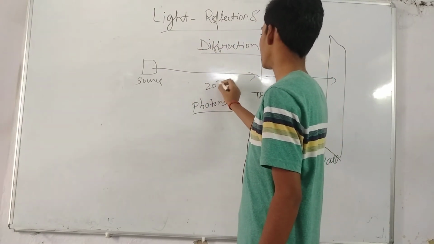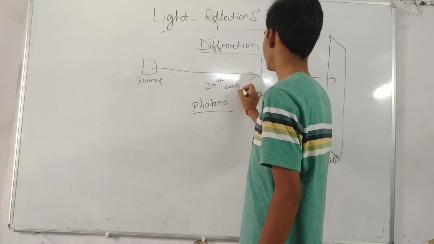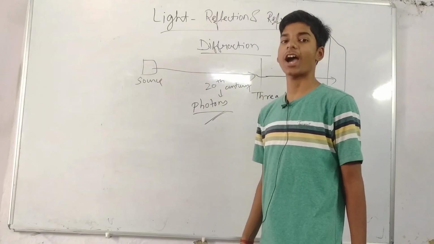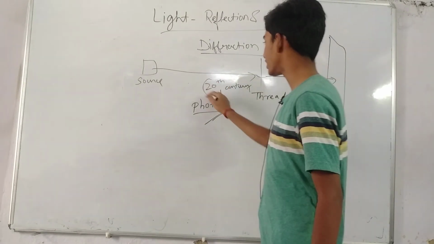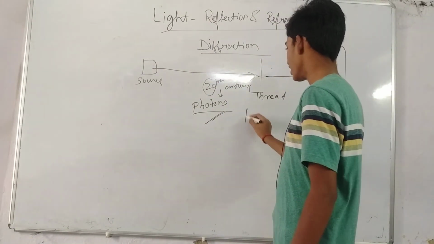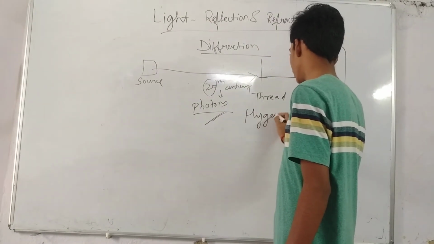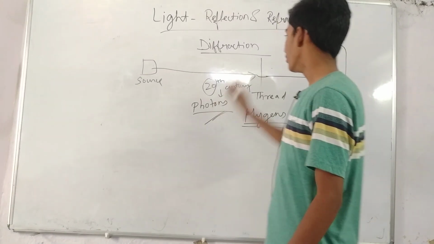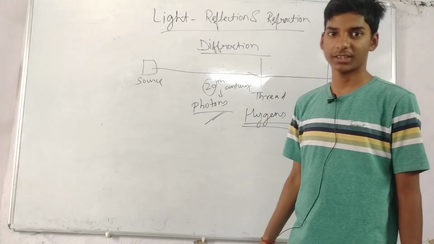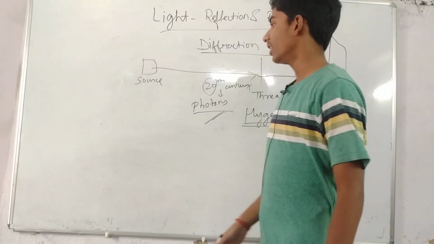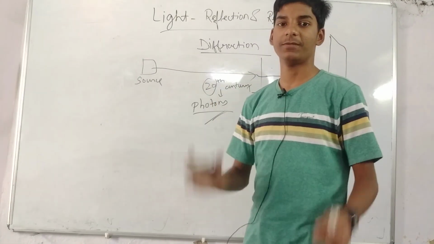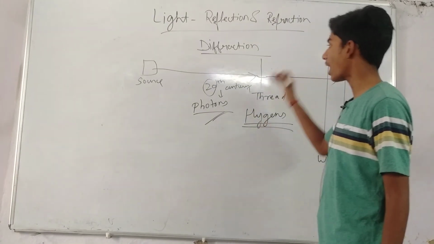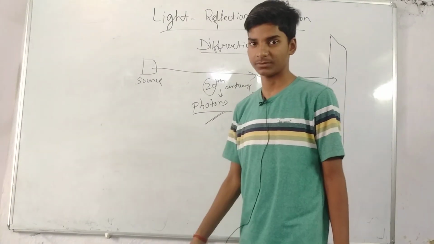But after that, a scientist named Huygens, after doing this experiment, told that light is a form of wave. Light travels in the form of a wave was told by Huygens after doing this experiment.